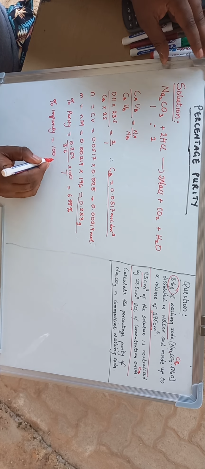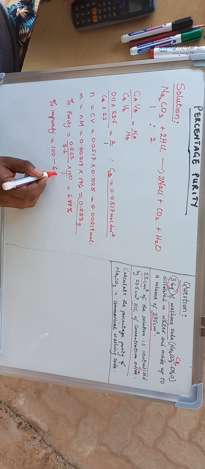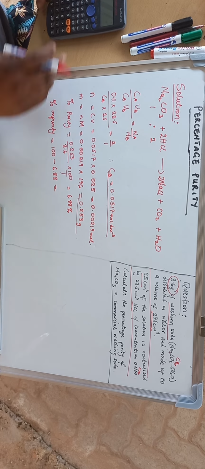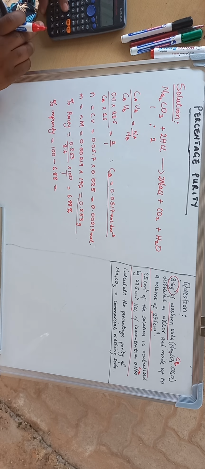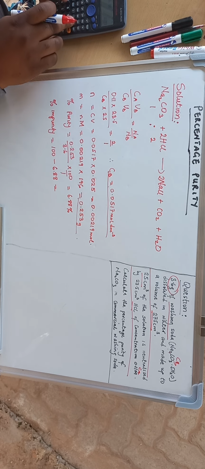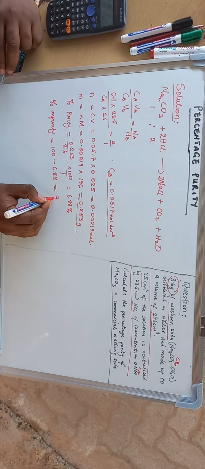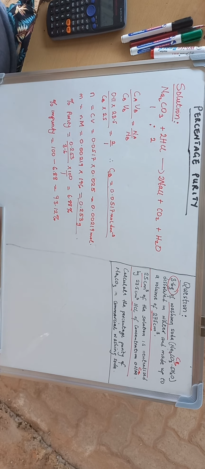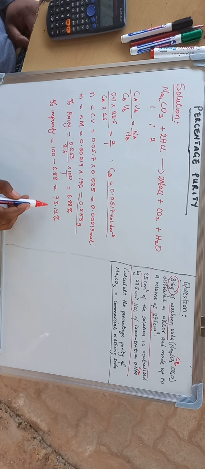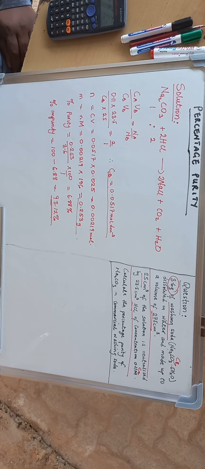I will just say 100 minus 6.88, in case we are asked to calculate it. So I have 100 minus 6.88, and we get 93.12%. So we can see here that this is highly impure. We have a lot of impurity.